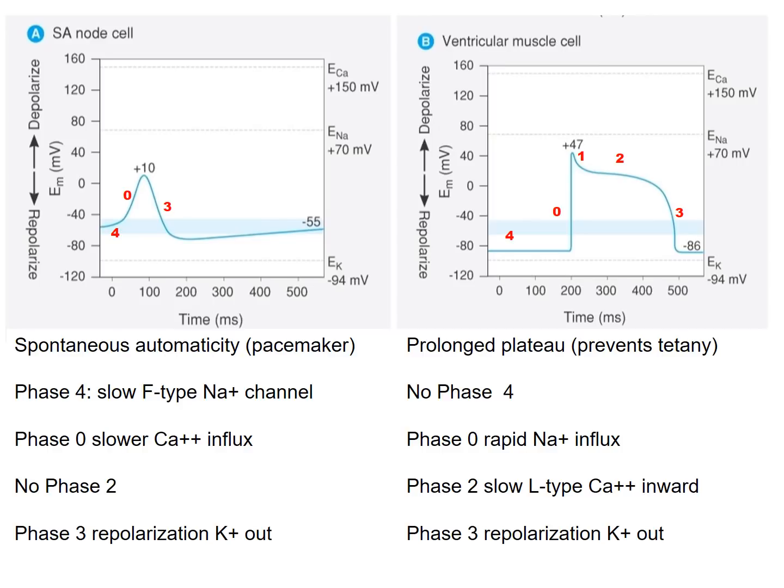Phase 4 is due to a slow inward motion of sodium. Once it hits threshold, then the SA node fires by the calcium ion channel. And then for the SA node to relax and become refractory, that's the efflux of potassium.